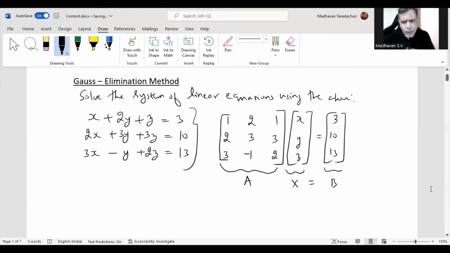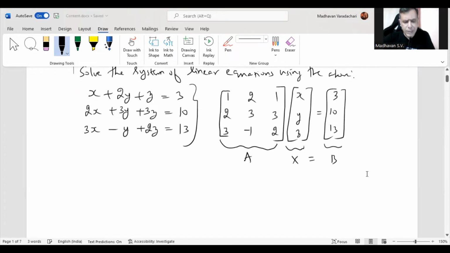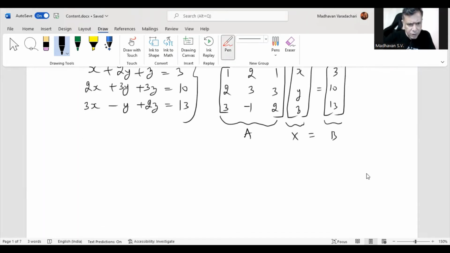Now, in order to apply this Gaussian elimination method, we will be forming the augmented matrix.